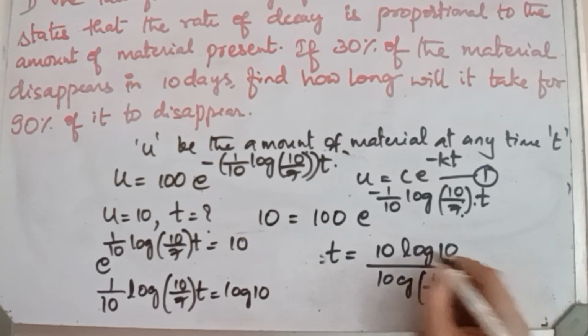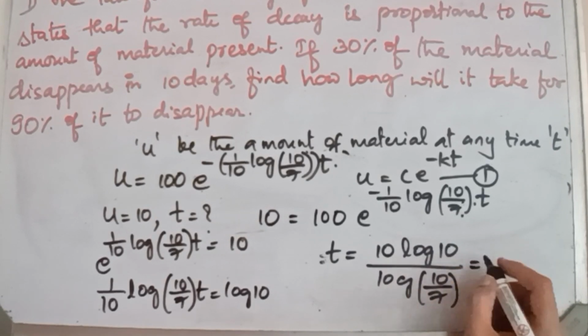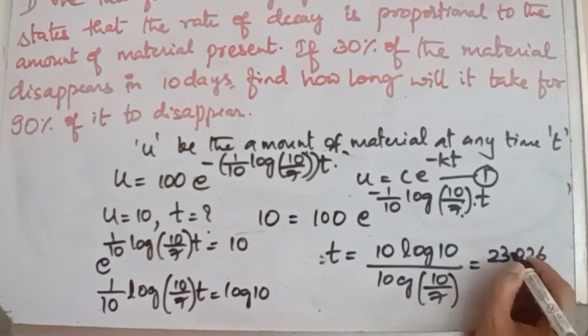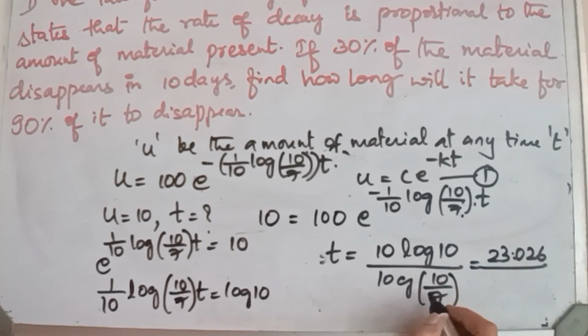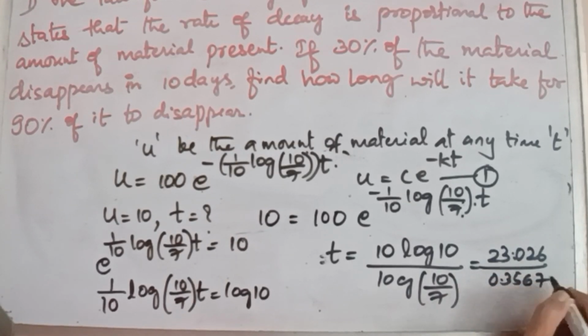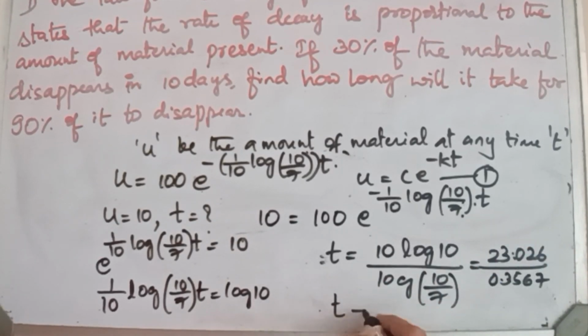So the value of 10 into log of 10 equals 23.026, divided by log of 10 by 7, which is approximately 0.3567. Hence, after simplification, you can do this using a scientific calculator or the logarithmic table.